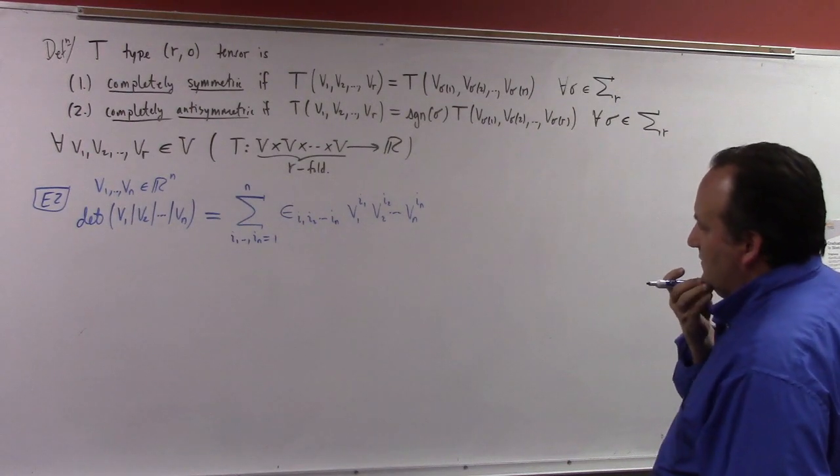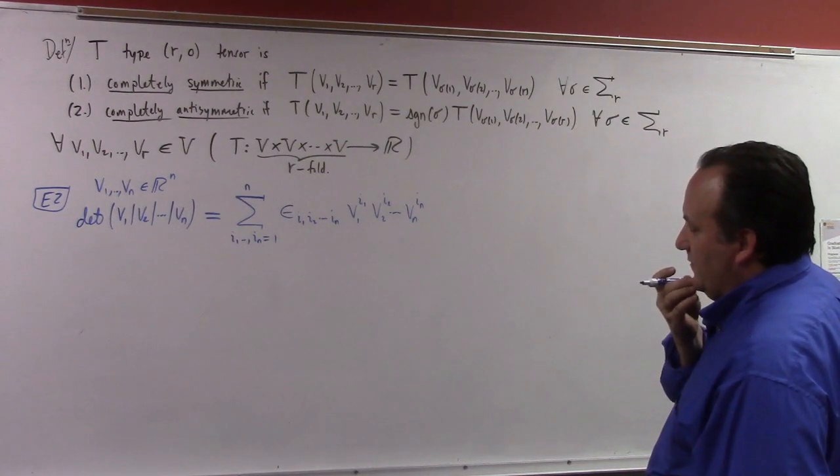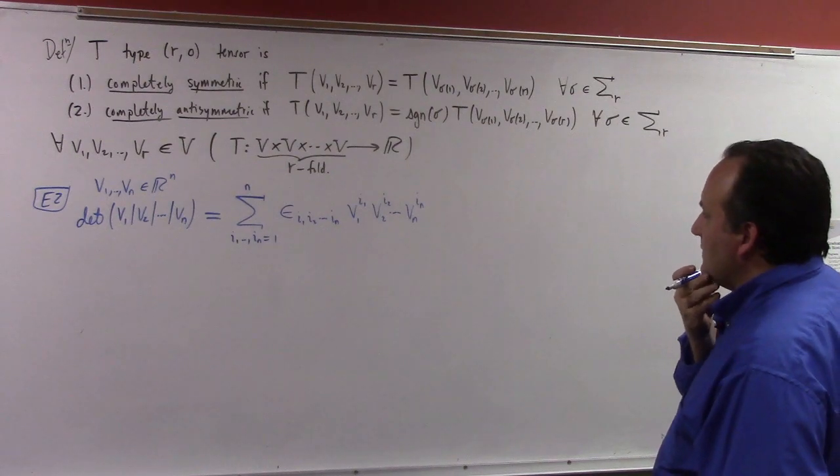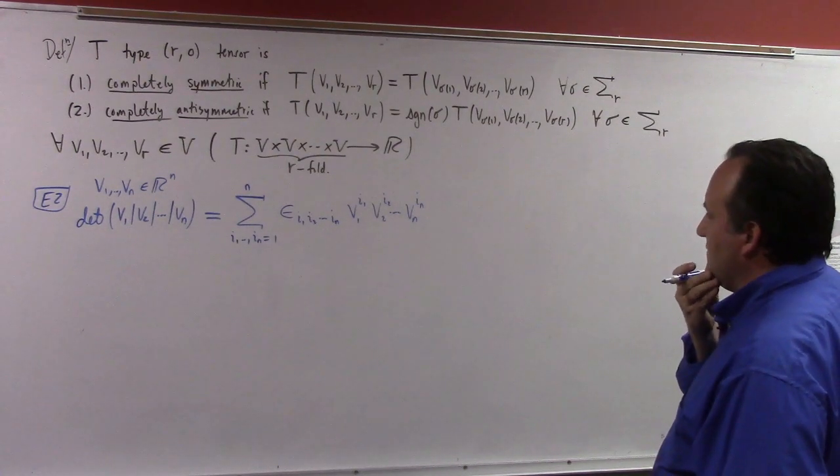But mathematicians oftentimes like to write this in terms of a sum over permutations. So what would this look like as a sum over permutations?